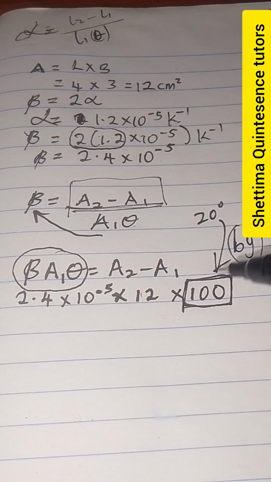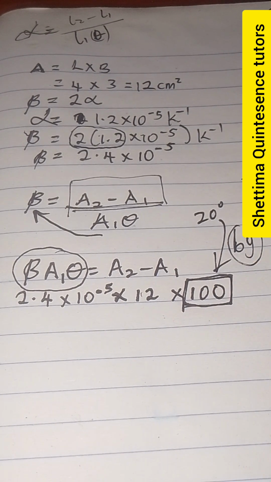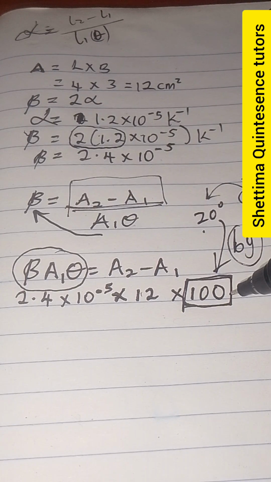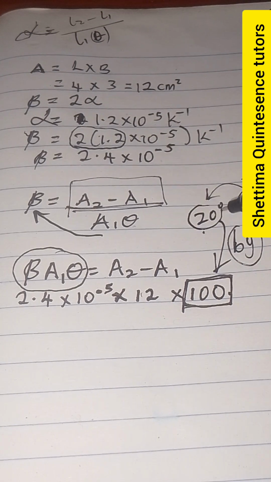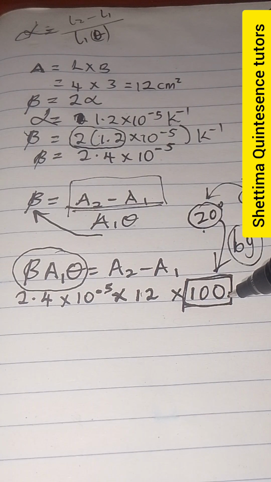If they said increase to 100, that's when you do 100 minus 20. If they say it increased from 20 to 100, then you would do 100 minus 20. But this one says it increases by 100. It was 20 before and it increased by 100. So 100 is the rise in temperature.